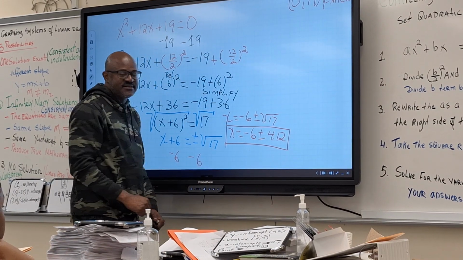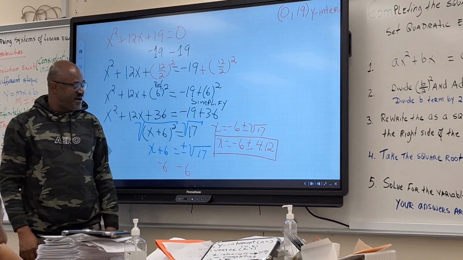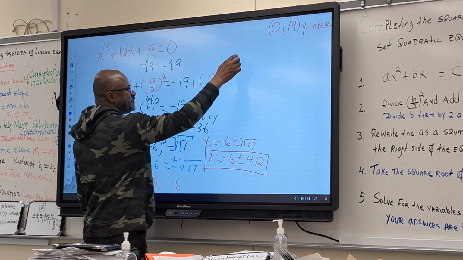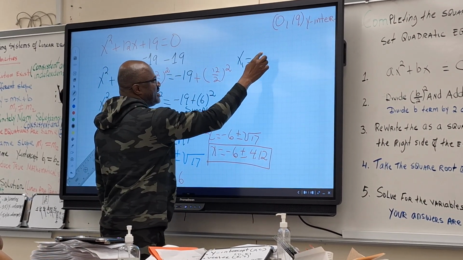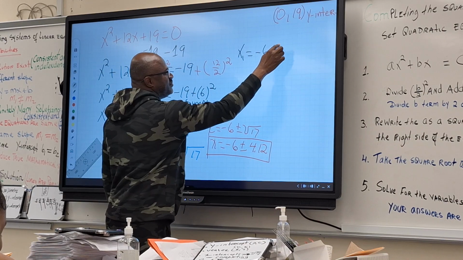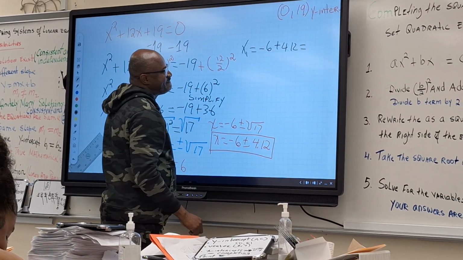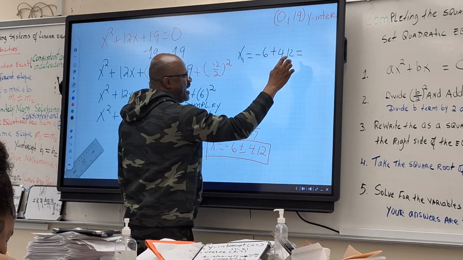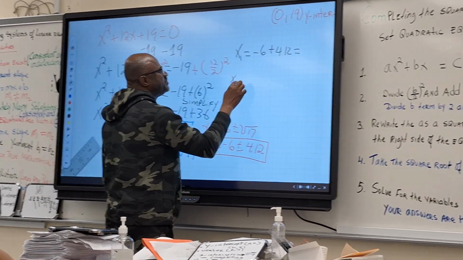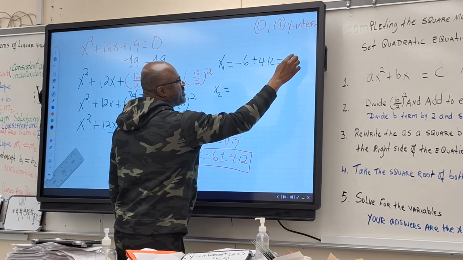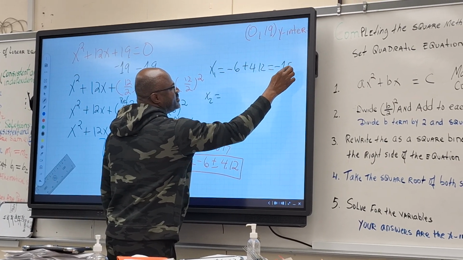Then we're going to split this to get 2 answers out of that, right? How will you find the first one? Negative 6 plus 4.12. This will be equal to what? Negative 1.88.